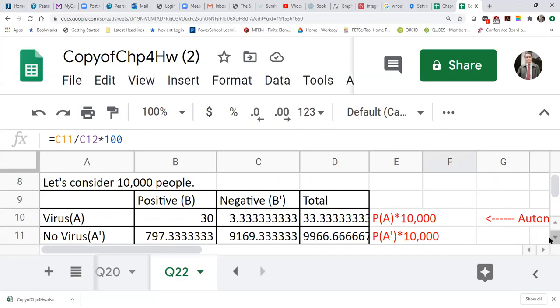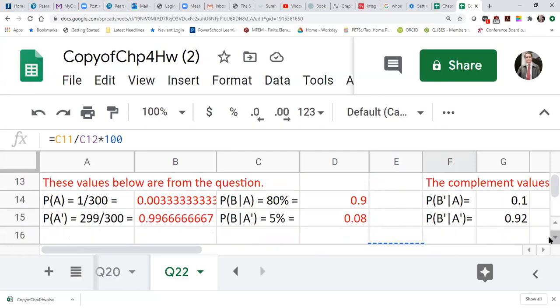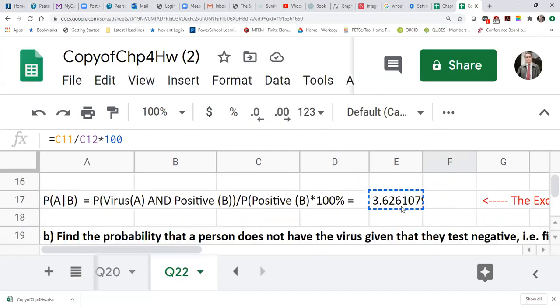No virus and negative, so you divide C11 by C12, and then multiply by 100. Yes, this is correct.